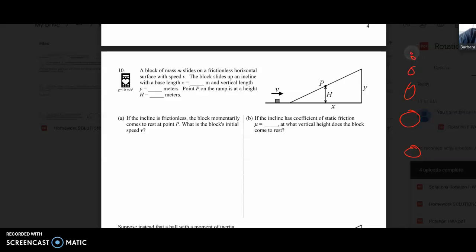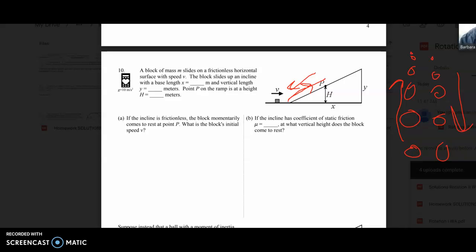Slowing, slowing, slowing, stop. Speeding up, speeding up, speeding up. On the way up it slows to a stop, and on the way back it speeds up. And if there were no air resistance, it would speed back up to the same speed. So in this case, it's just on the side. It slows to a stop and then it comes back down.